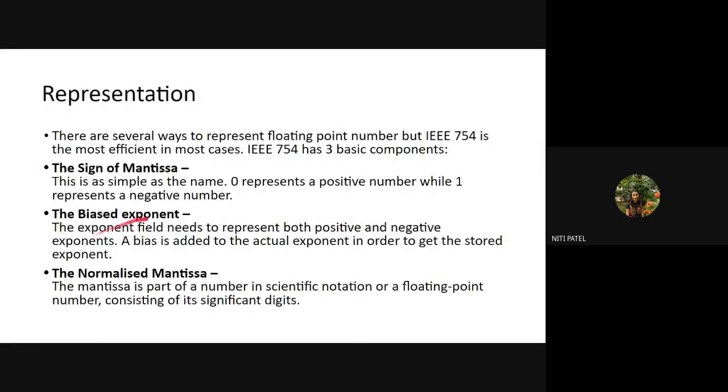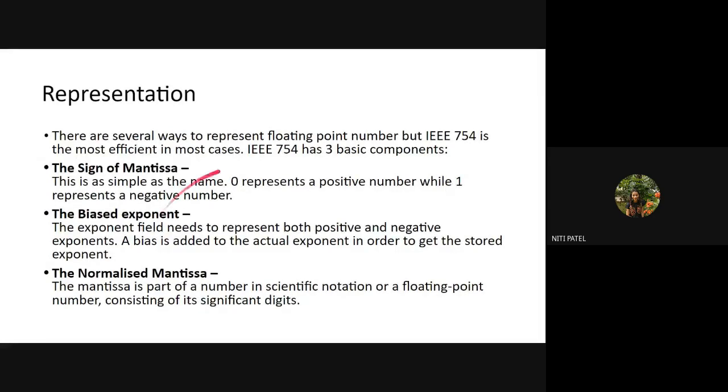Okay. If it is positive, we will add. If it is negative, we will subtract. With whom do we have to add and subtract? We have to add and subtract with 127 if it is single precision. Okay. Now, if it is double precision, we have to add or subtract that exponent with the value 1023.